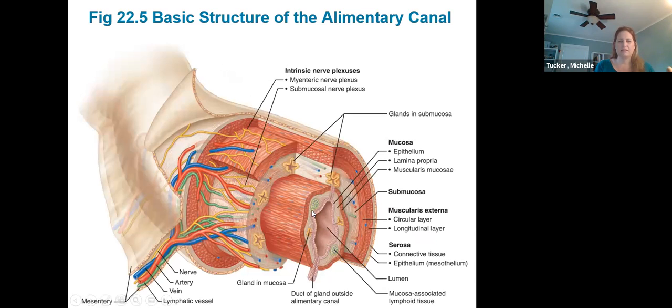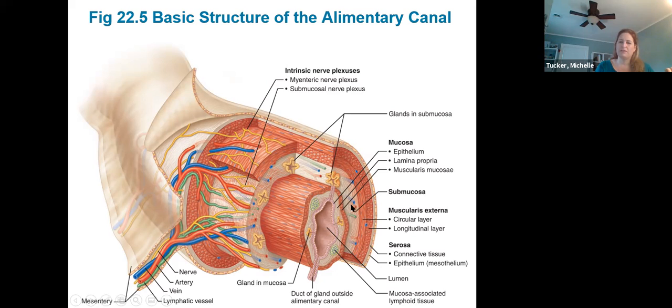Okay, so we have the 3 layers of the mucosa: stratified squamous or simple columnar epithelium, the lamina propria to provide a place for blood vessels and nerves to go, and then the muscularis mucosa, which should be much thinner than this and provides some assist with absorption and secretion.